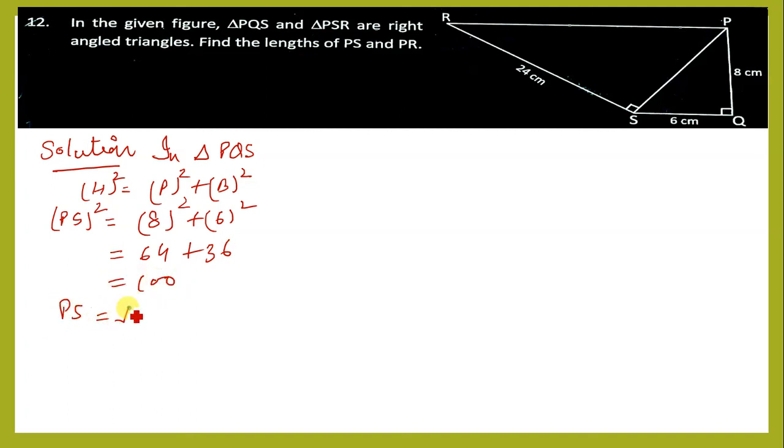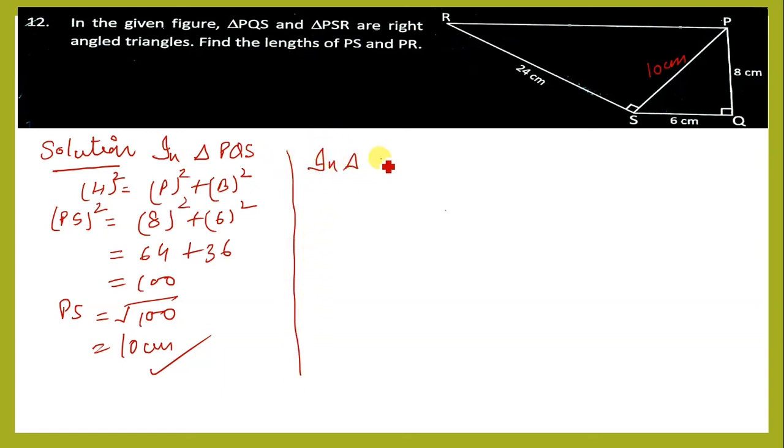PS equals under root 100, that means 10 centimeter. Clear? Now this 10 centimeter will come here because we got the length of PS, and that is 10 centimeter. Clear?